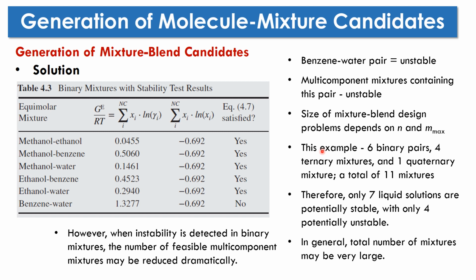I think that's all for generation of the mixture blend. The detailed calculation on how to use this equation, I'm sure you already know, because you have learned how to calculate those properties already, for example gamma i, GE over RT and so on, in the thermo class.